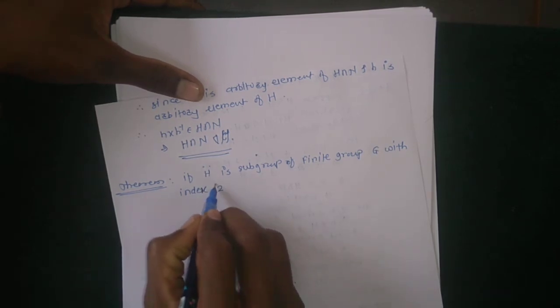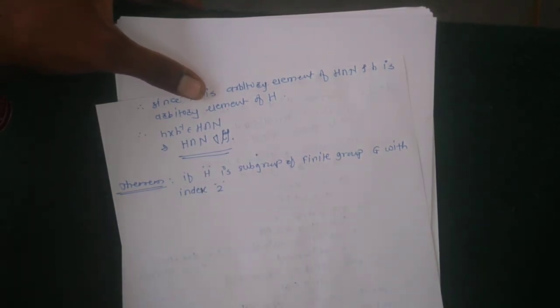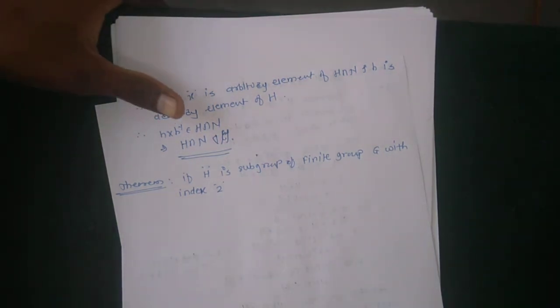What is the definition of index? Index means the order of G divided by the order of H.